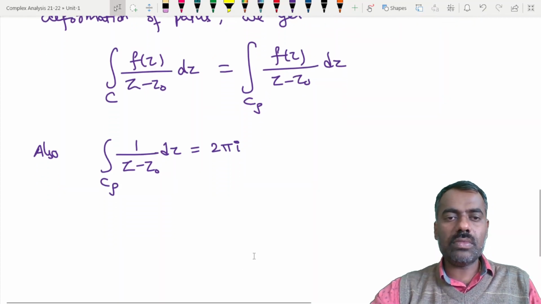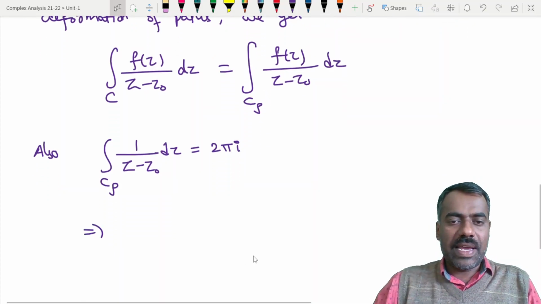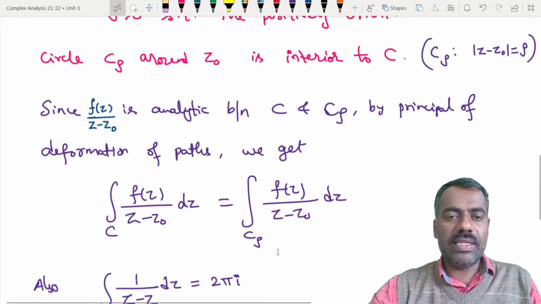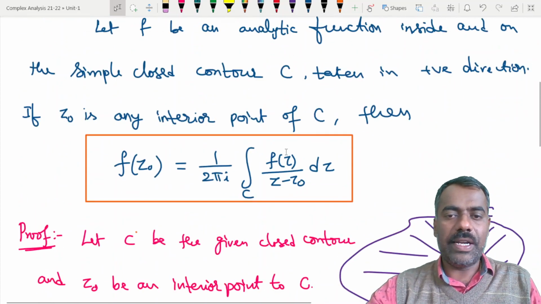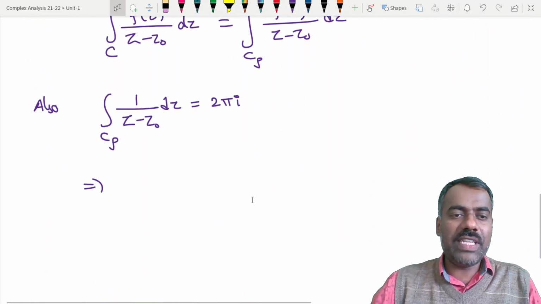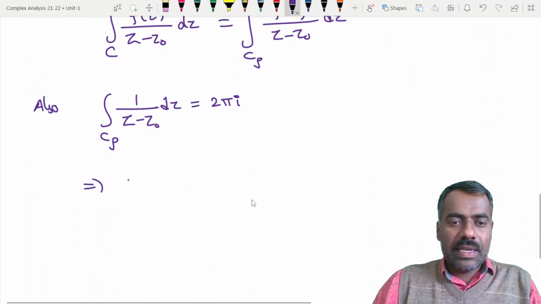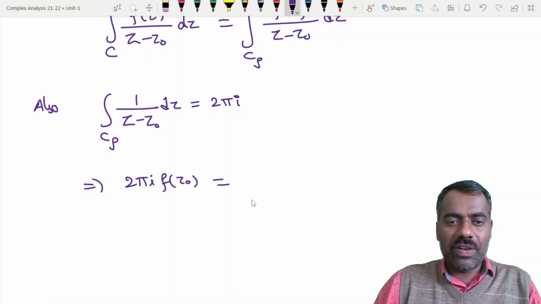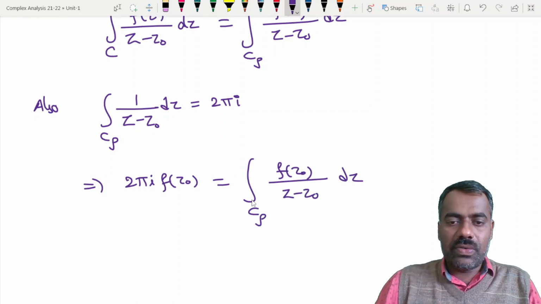Therefore, this implies: if you multiply by f of z naught, we get 2 pi I times f of z naught. That means I am taking f of z naught on both sides. So f of z naught I can write inside the integral of 1 by z minus z naught dz over c.